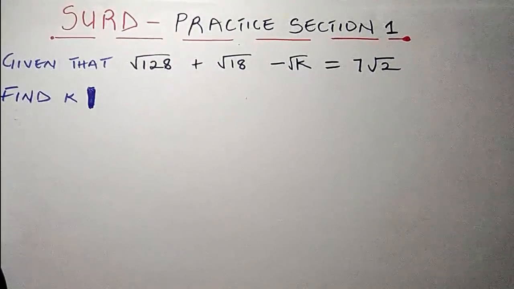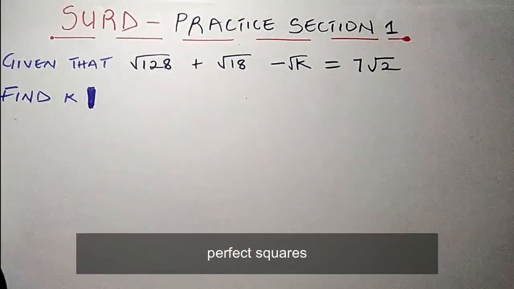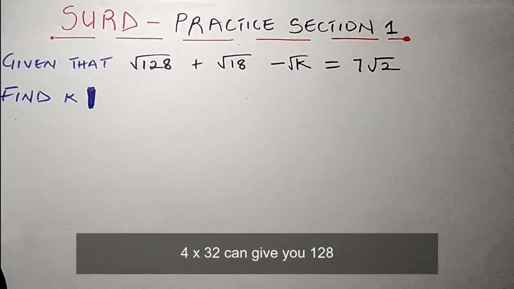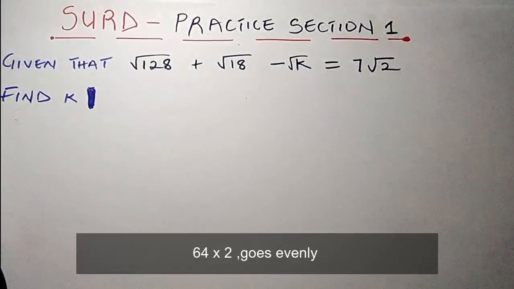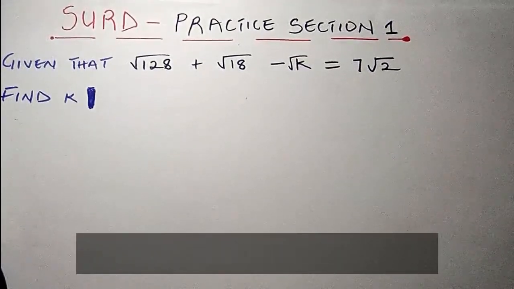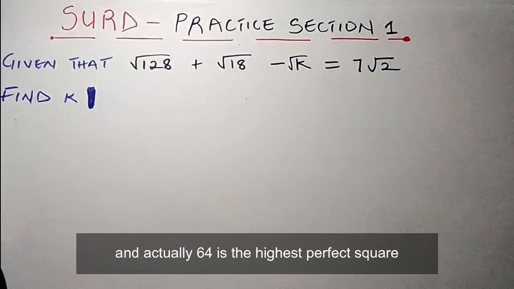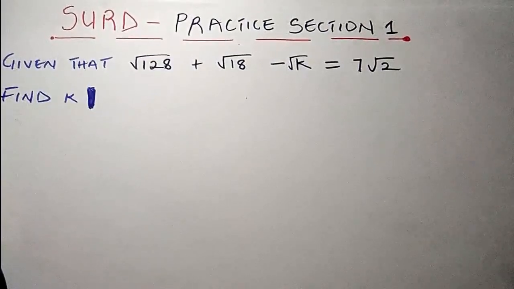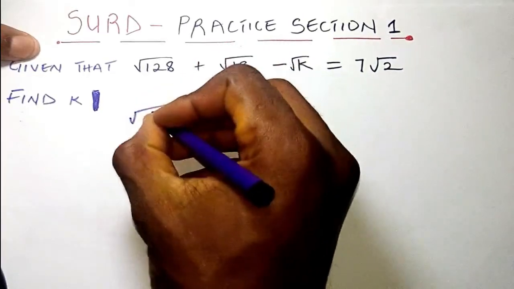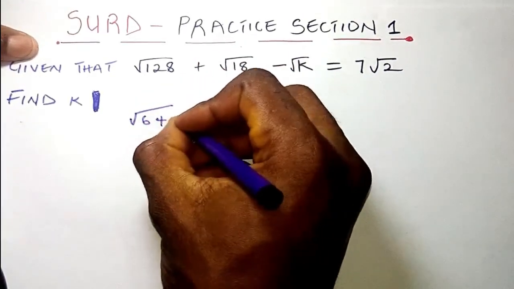Now if you're thinking about perfect squares, 4 times 32 can give you 128, but 4 is a perfect square, but it's not the highest perfect square that can go into 128 evenly. 64 times 2 goes evenly, and 64 is the highest perfect square. So we're going to use that. So we're going to replace 128 with 64 times 2.